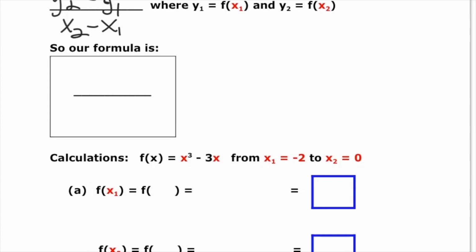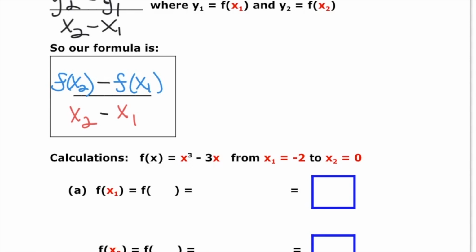So our new formula looks like this. We still have subtract and subtract, okay? But our new formula is f of x2 minus f of x1 all over x2 minus x1.